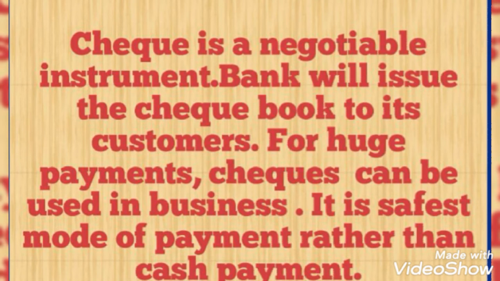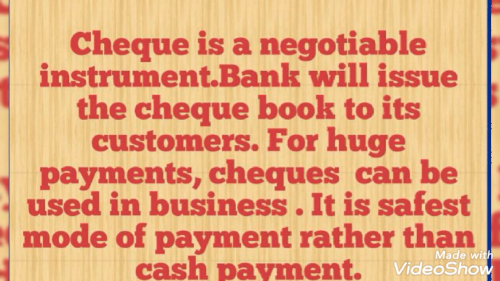The last source document is check. I think many of you might have seen the check. Check is a negotiable instrument. Negotiable instrument means a signed document that promises a sum of payment to a specified person or the assignee.